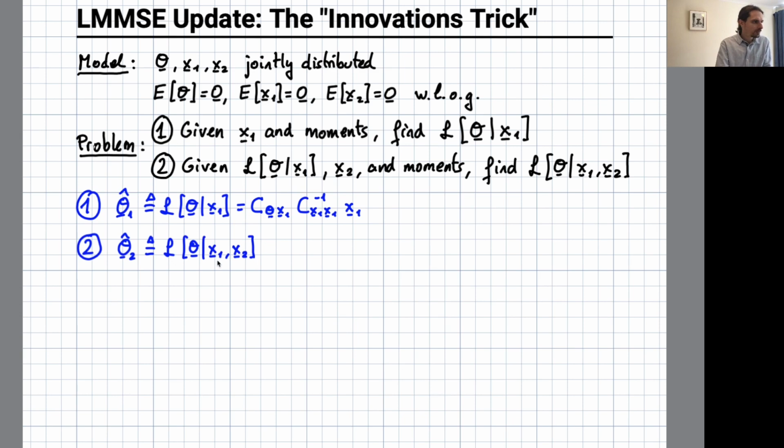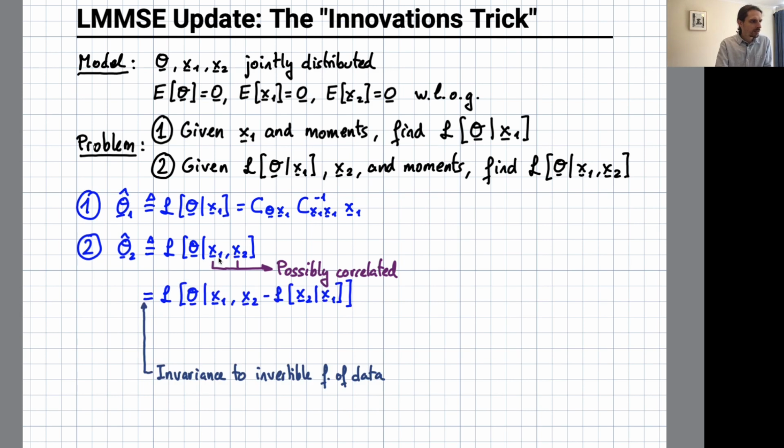We cannot directly apply the properties of LMMSE estimators that we know because these two vectors are not necessarily uncorrelated. If they were uncorrelated, we could apply the property of additivity over uncorrelated data, but this is not the case. So let's see how to deal with that.